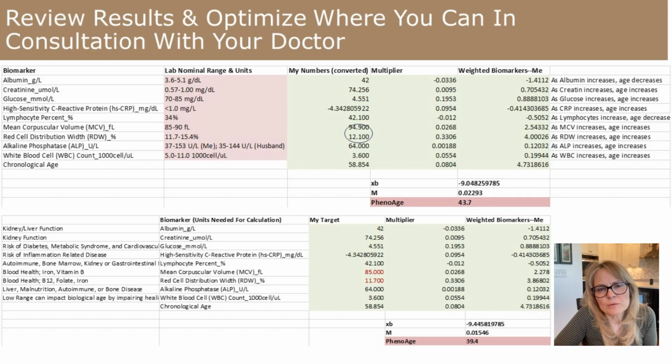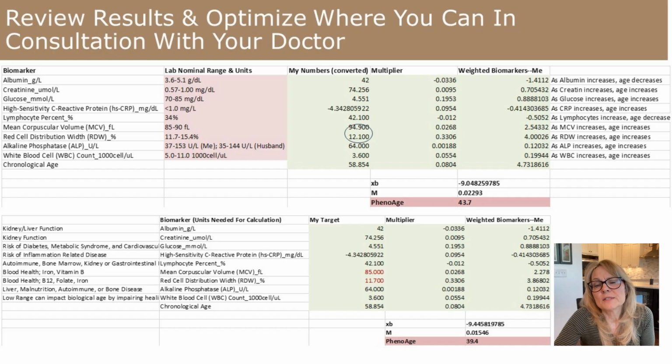So in my particular case, my biological age is already 15 years younger than my chronological age, so there's not a whole lot I can do. There are some things I can do, though, that I discovered. And I have one out of bounds biomarker on my mean corpuscular volume.